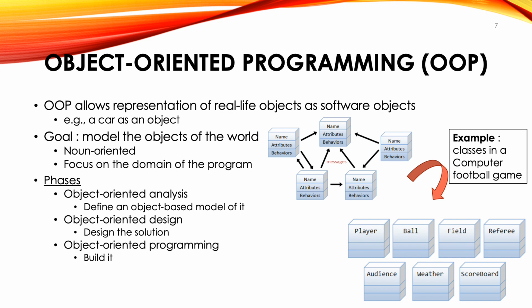Object-oriented programming modeling involves 3 main phases. Object-oriented analysis, in which we define the model. We have then the design, in which we design the solution. The last phase would be programming, which is building the solution.